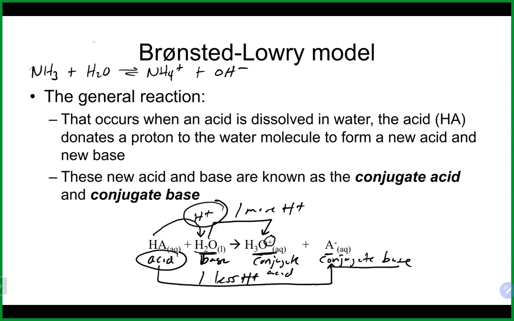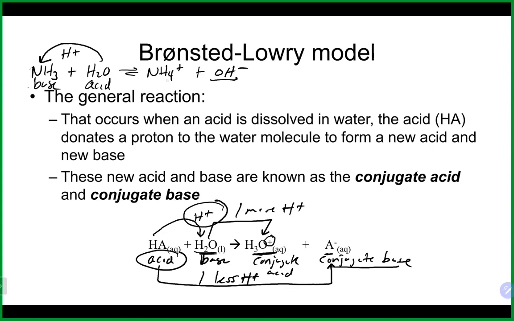It is the water in this case, because when water gives away the H plus, it will end up as OH minus. And when NH3 gains the H plus, you add one more H to that, you got NH4, and a plus gives you NH4 plus. So because the water donated the H plus, the water here is our acid, and NH3 gained the H plus, which means it is our base.